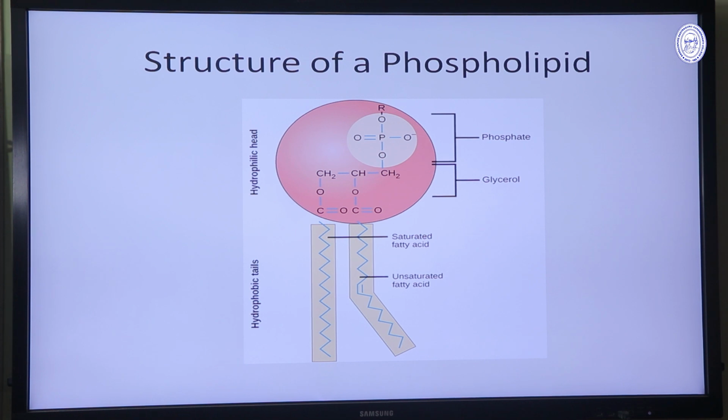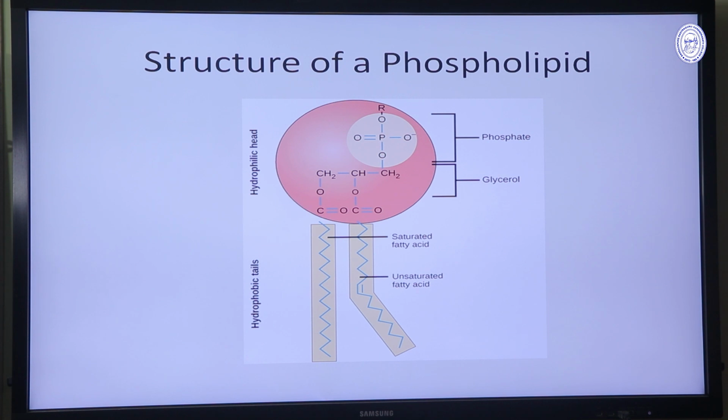Because of this condition, the head region or the upper domain of this phospholipid is hydrophilic in nature. Hydro means water and philia means loving. So, the upper portion or the head region of a phospholipid is polar in nature and has affection towards water, or you can say that they can freely stay inside a hydro environment.